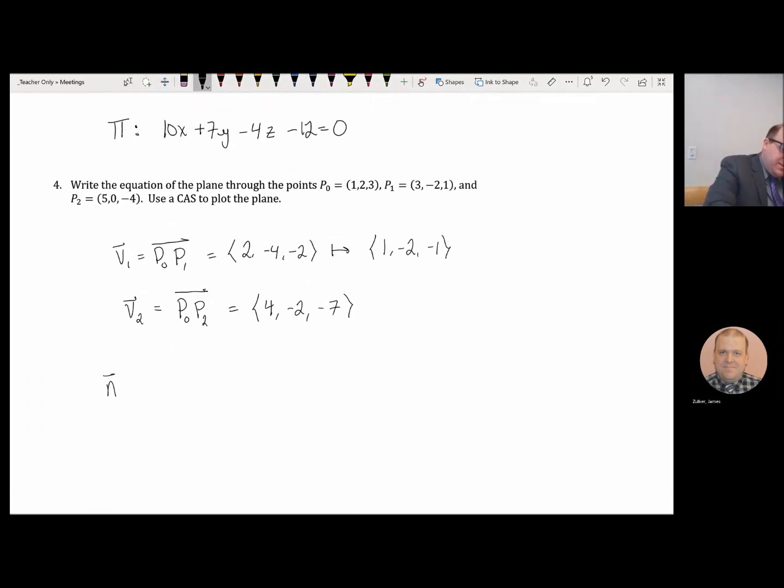Normal vector for this plane would then be V1 cross V2, right? Your job is to make sure that you can get that cross product as this.